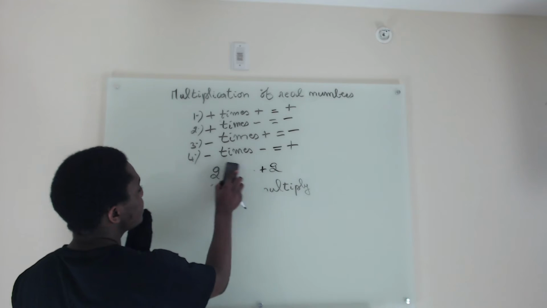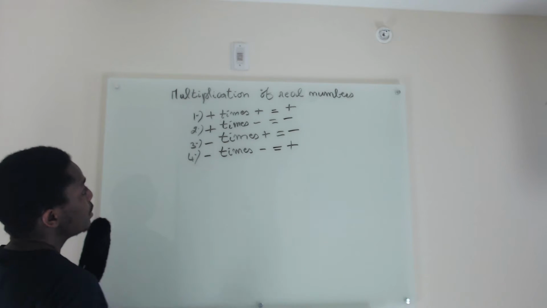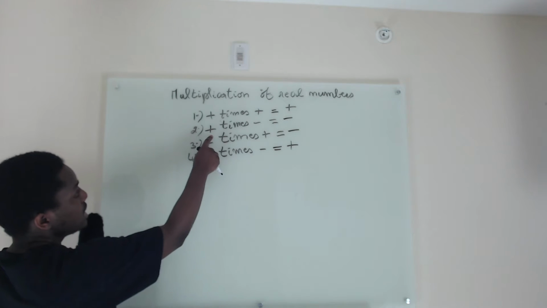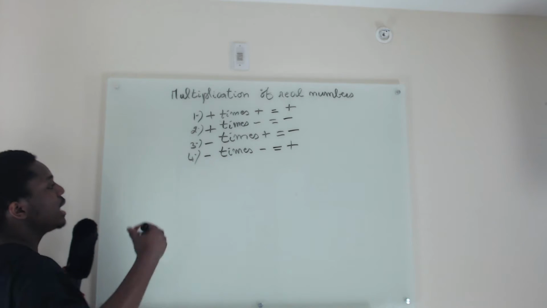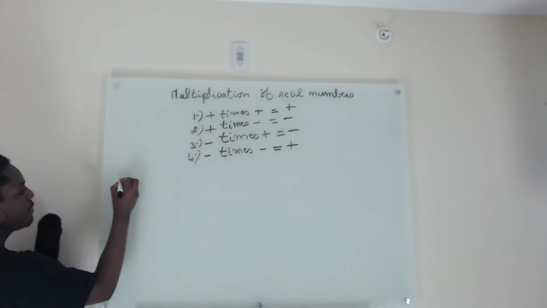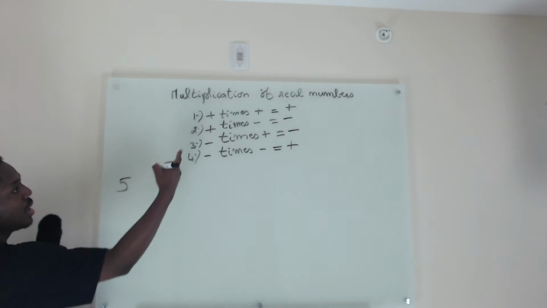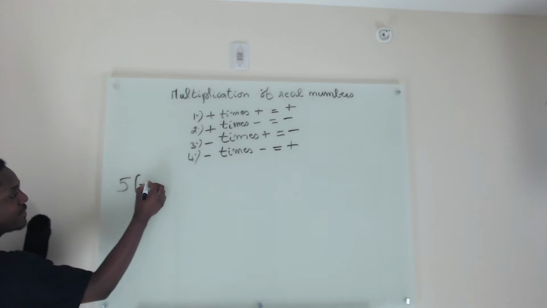Now let's take case number 2: a positive number multiplied by a negative number. For example, let's say the number 5 multiplied by negative 3.